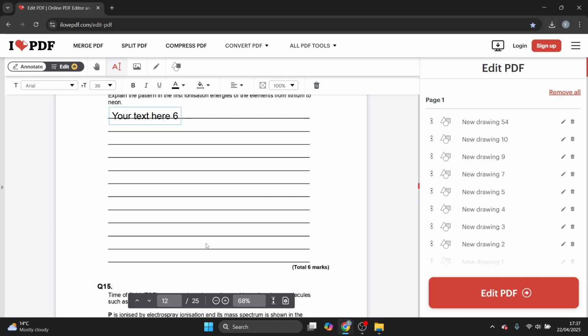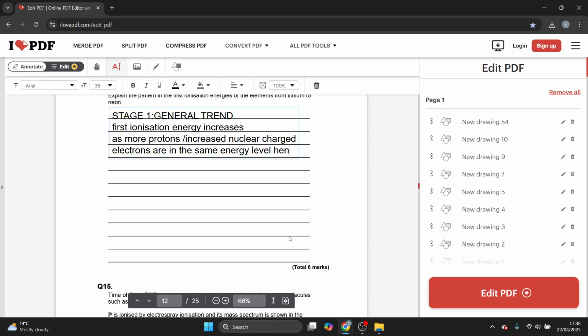Explain the pattern of first ionization energy of the elements from lithium to neon. Stage 1, the general trend from lithium to neon: first ionization energy increases as more protons, increased nuclear charge, electrons are in the same energy level, hence no extra shielding.